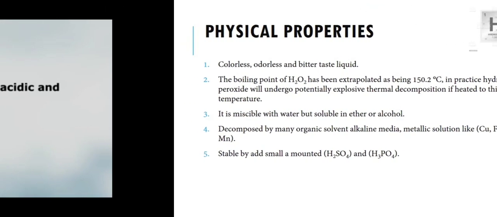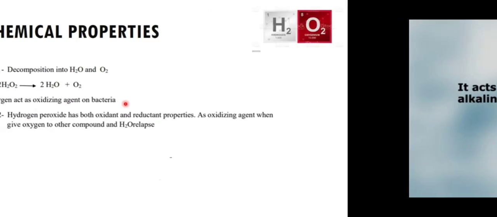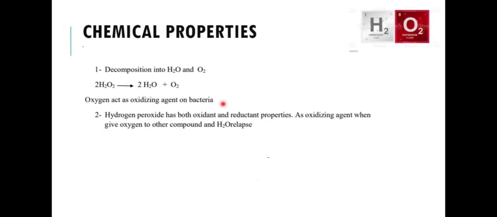Coming to the chemical properties, hydrogen peroxide acts as both an oxidizing and a reducing agent in both acidic and alkaline medium. The first property is the oxidizing property. Note that oxidation reactions take place only in the presence of acidic or alkaline medium.